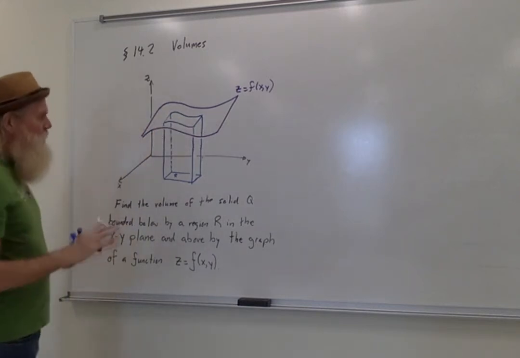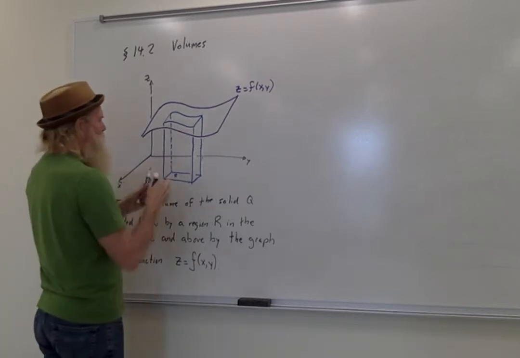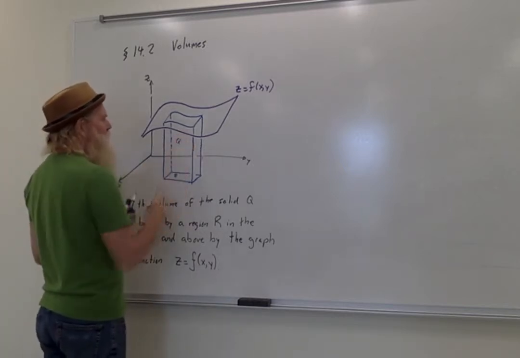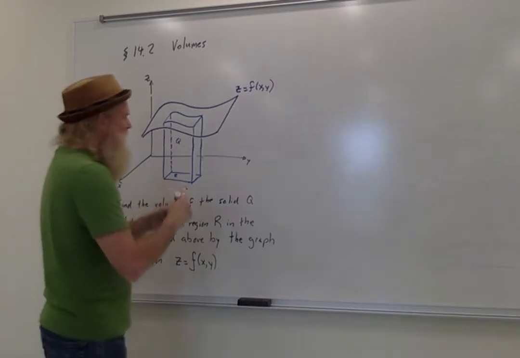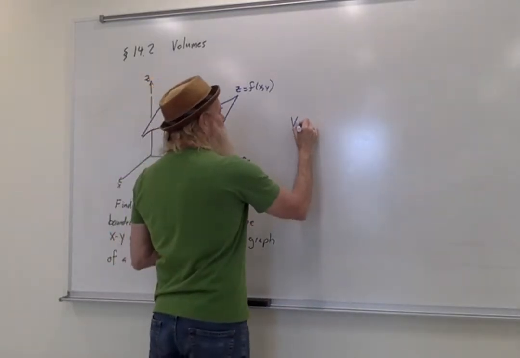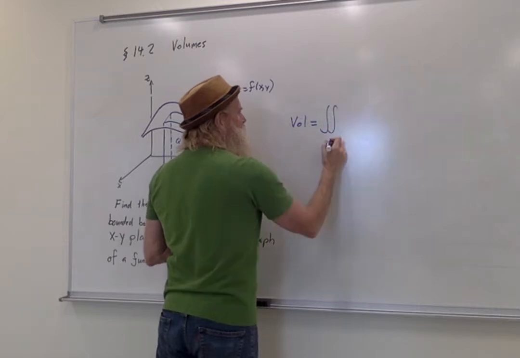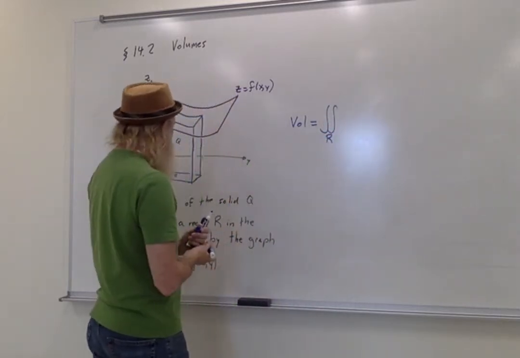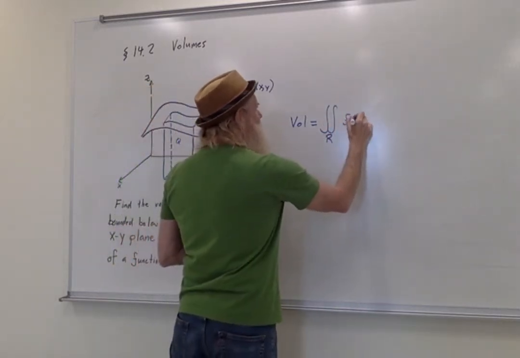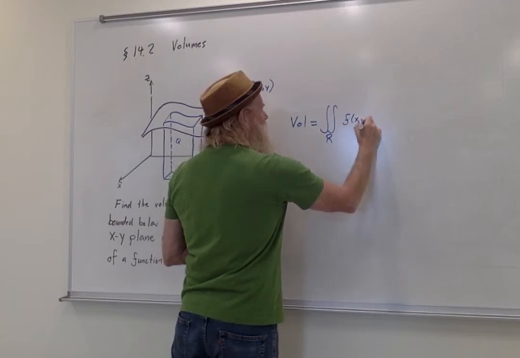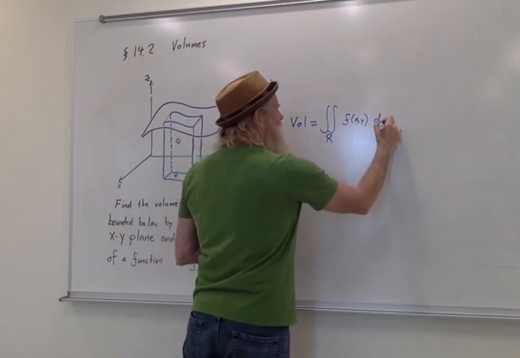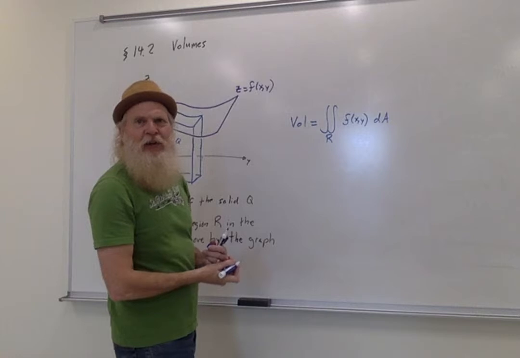So if you go through a bunch of theory using Riemann sums, by the way, this whole solid is what I'm calling Q, then you find out that the volume is equal to the double integral over R of the height function f of x and y with respect to area.